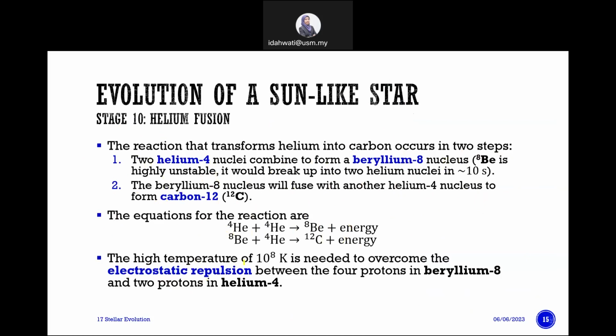The high temperature of 10^8 Kelvin is needed to overcome the electrostatic repulsion between the 4 protons in beryllium-8 and the 2 protons in helium-4.